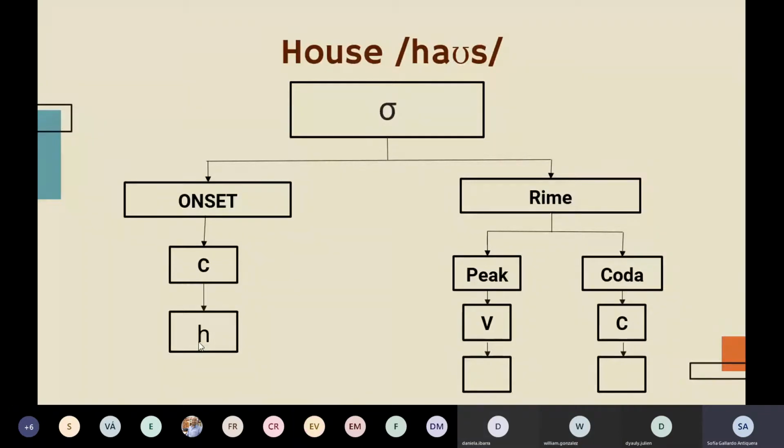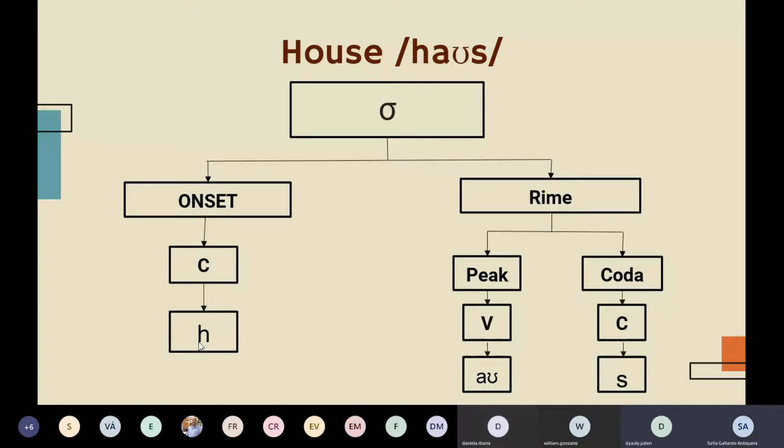Then for the rhyme, the peak, what do you think that would be? The diphthong. It would be the vowel sounds that we have there. And for the coda, what do you think? The last consonant, the letter S.